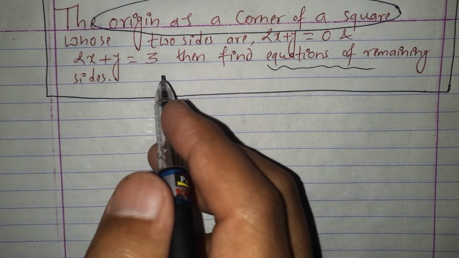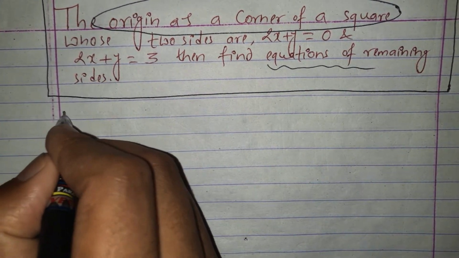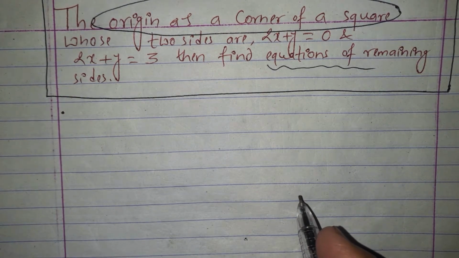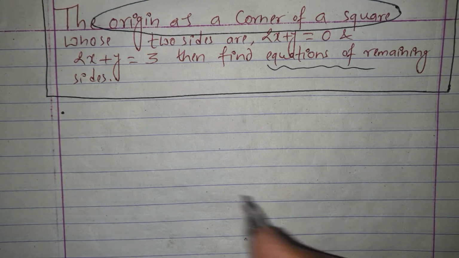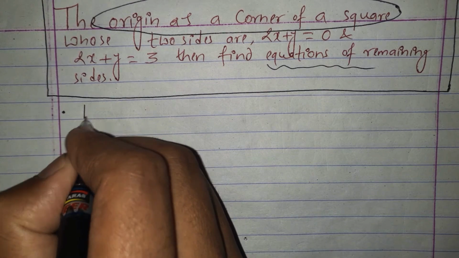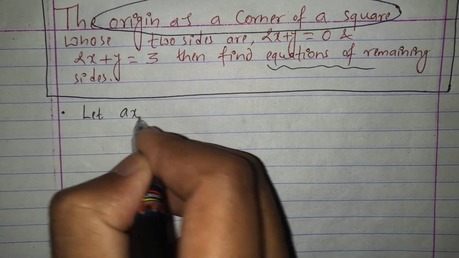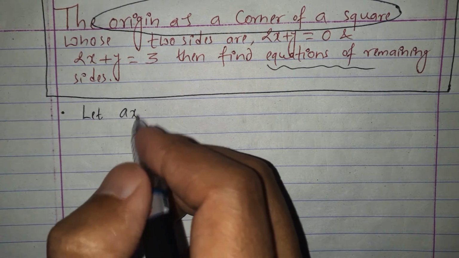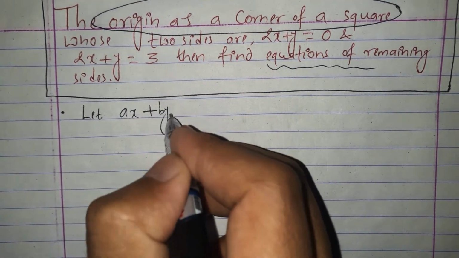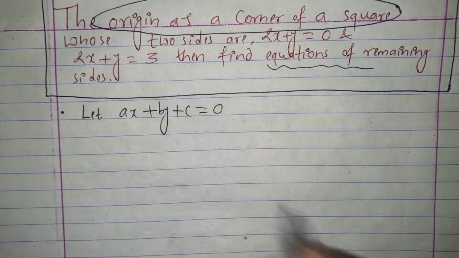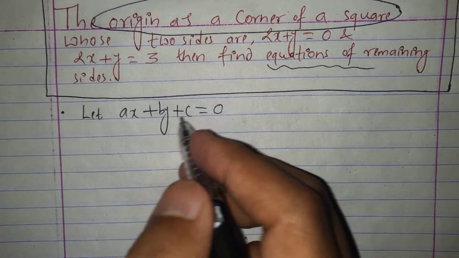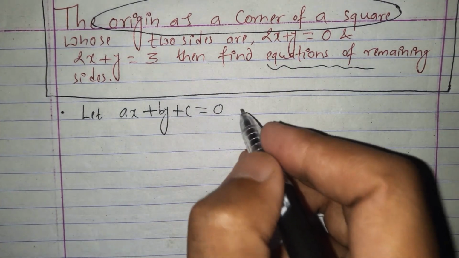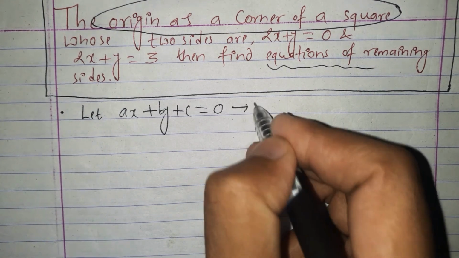Before moving to this particular question, let's have a quick recap on the equations of parallel and perpendicular lines. Let's take an equation of a straight line ax + by + c = 0. This is an equation of a straight line in standard form, and let's say this is equation 1.